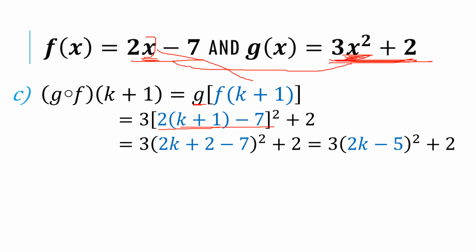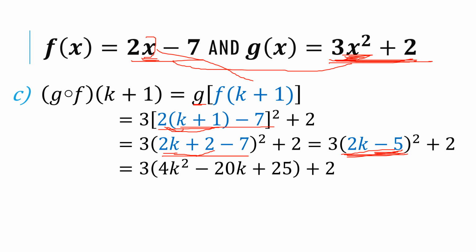So, isosolve lang natin yan. Okay, distribute natin yung 2. So, magiging 2k. 2 times 1 is 2. Combine natin yung like term sa loob, which itong 2 minus 7. 2 minus 7 is negative 5. And then, after that, let's just follow PEMDAS. Okay? So, 2k minus 5 squared using FOIL. Expand natin, ito yung sagot.